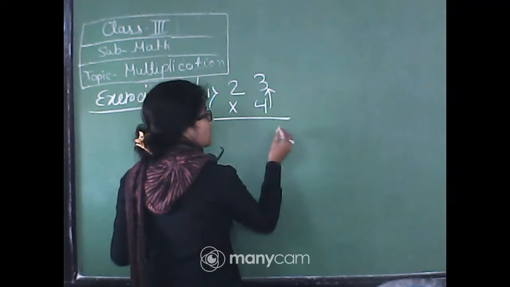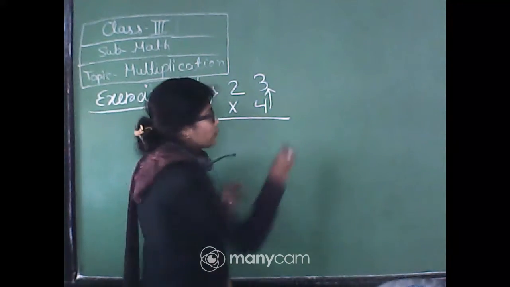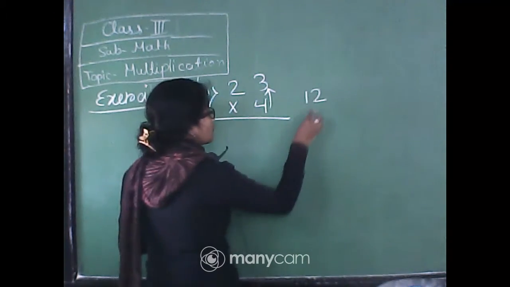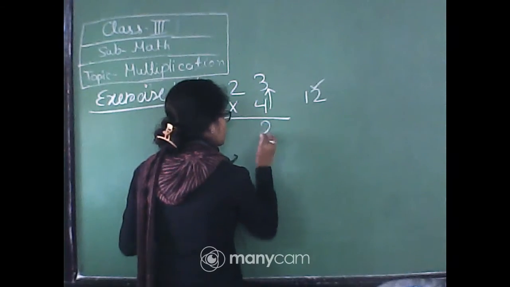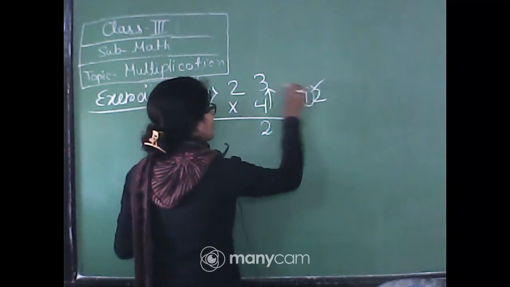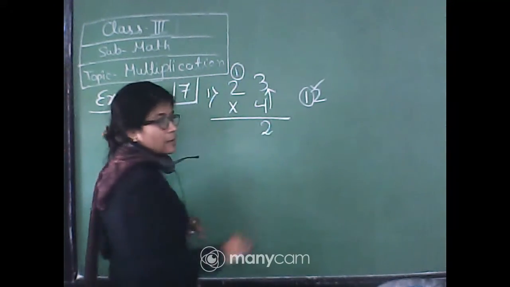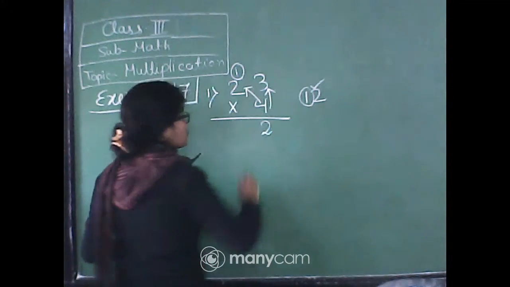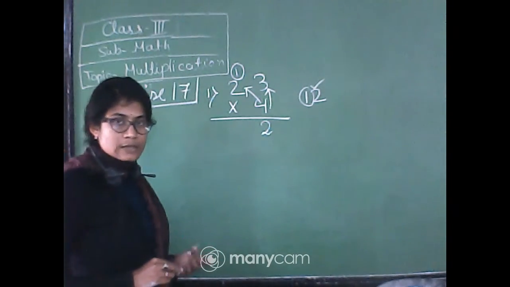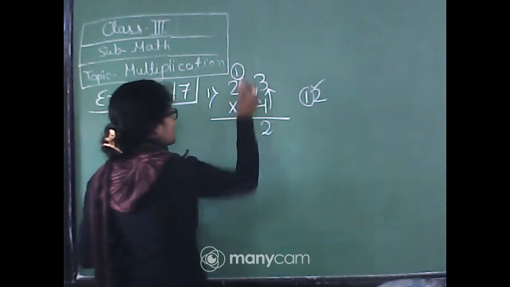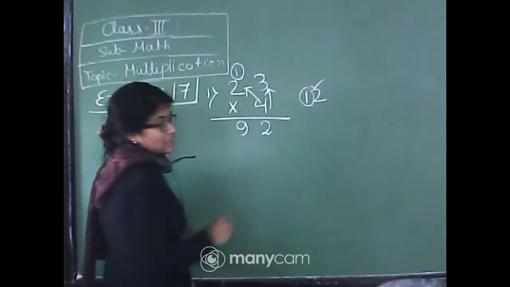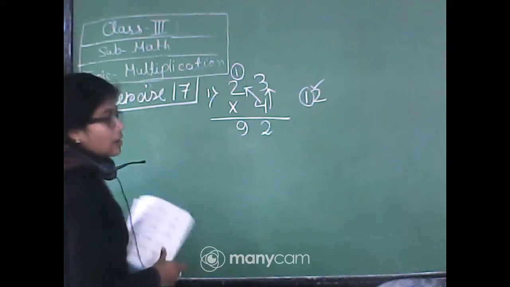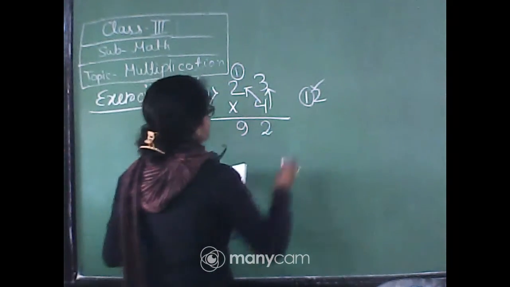So 4 3s are 12. Now we will take only 2 here, and the 1 will be carried to the next number on top. Now 4 into 2 is 8. 4 2s are 8 plus carry 1 is 9. Understand, students?